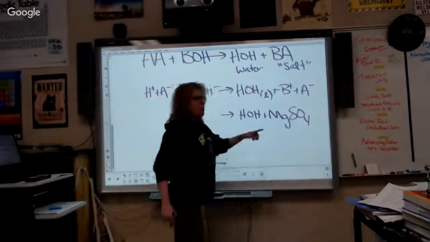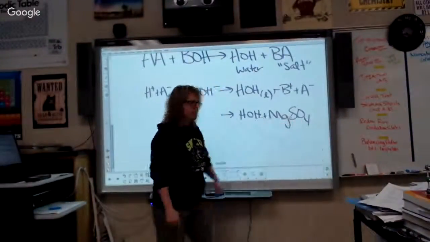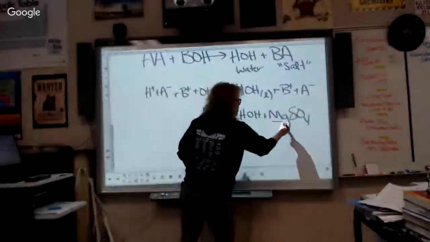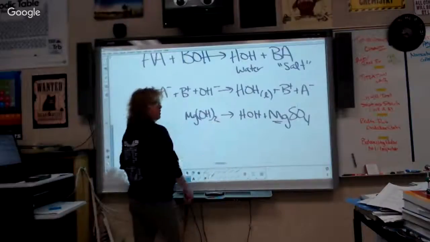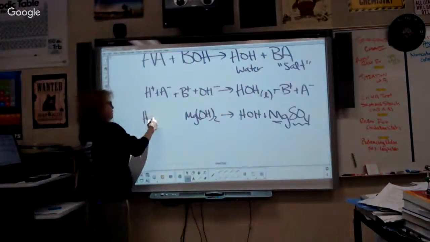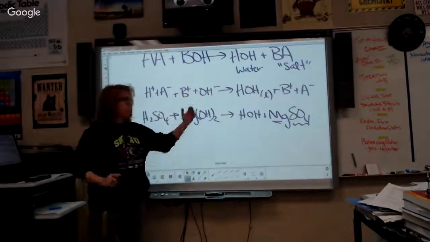What would be the acid and base that I would use to make that salt? Mg is the positive one, and OH. And then this would be the negative one, H2SO4. So you can work backwards to figure out what acid and base to be used to produce that salt.